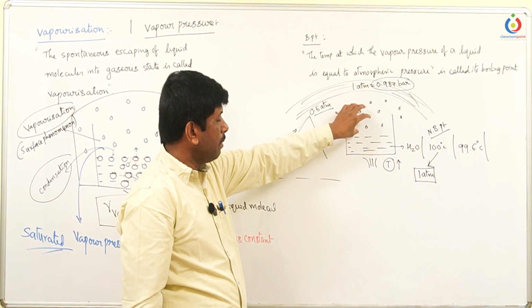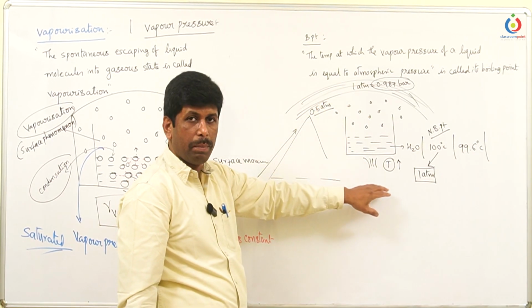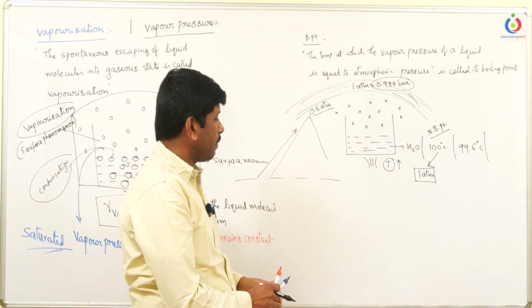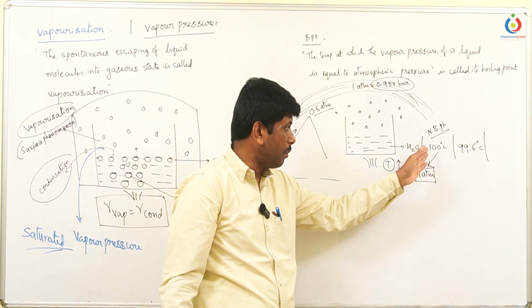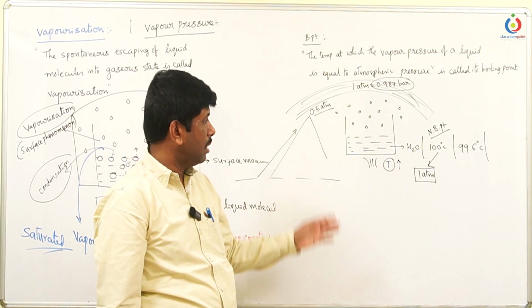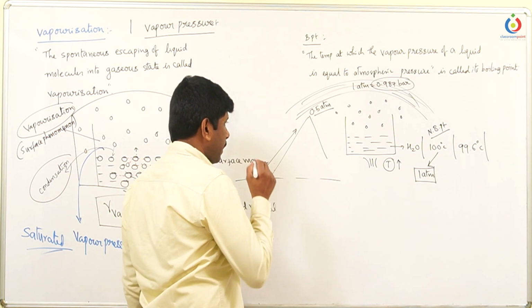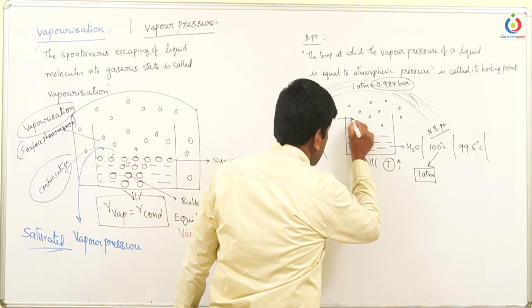It can easily make its vapor pressure equal to the opposing pressure even at lower temperatures. That is the reason why liquids boil at lower temperatures, so water boils at less than 100 degrees centigrade at the peak of mountains like the Himalayan range. Now the question is, what happens if the liquid is closed?